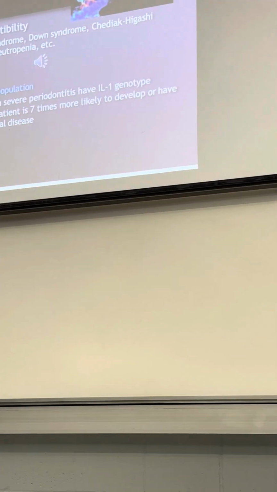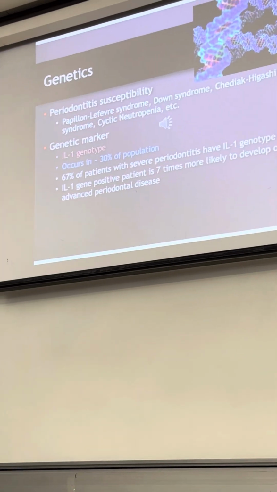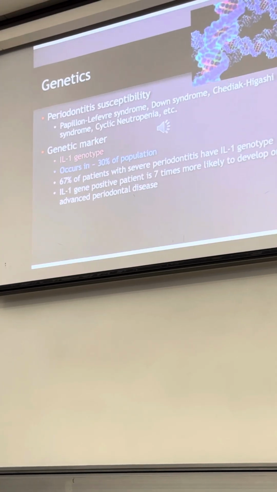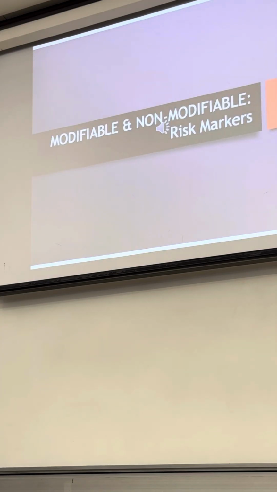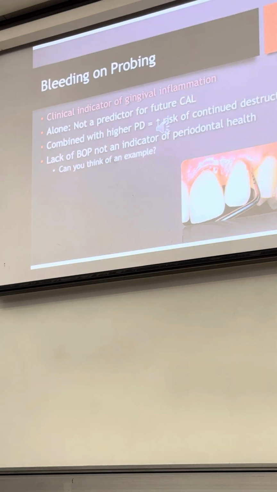We mentioned that genetic marker, I'm pretty sure in Perio 1, but the genotype occurs in 30% of that population, and having that marker puts you at more susceptibility and more risk. 67% of patients with severe periodontitis have that genotype. So that's interesting also.